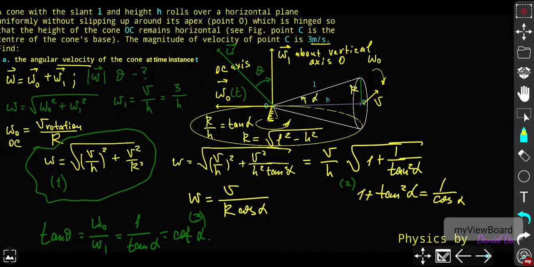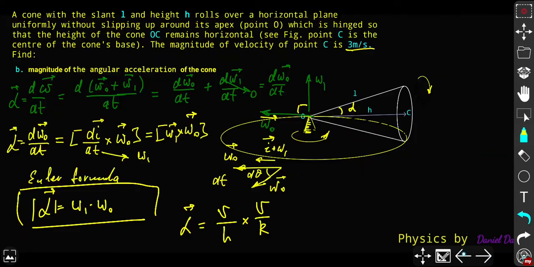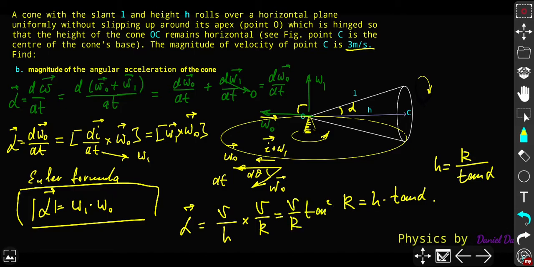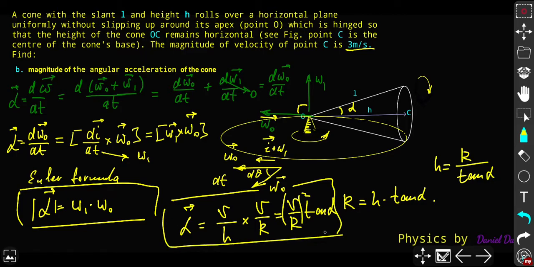We would use this relationship: R is h times tangent alpha. So h we can express through radius, radius over tangent alpha. In that case, we'll get something like v over r, tan alpha, and v over r becomes squared. So that's the final solution to our part B. Hope you like that.